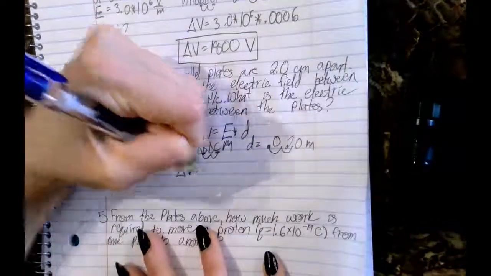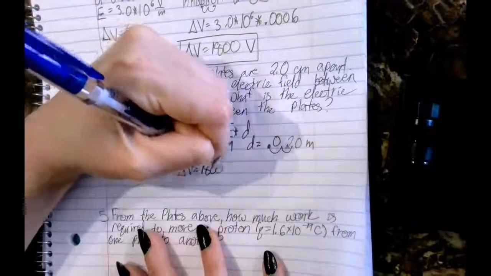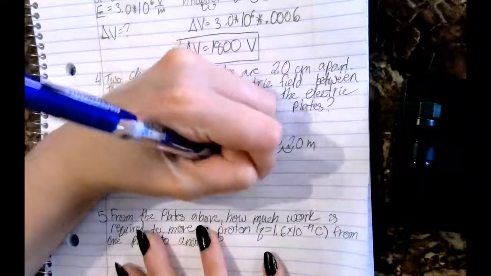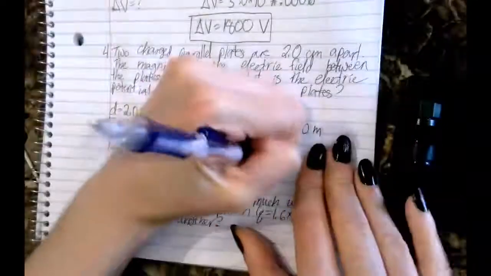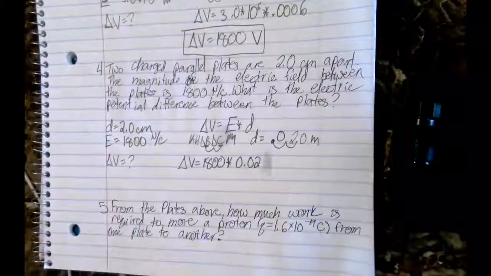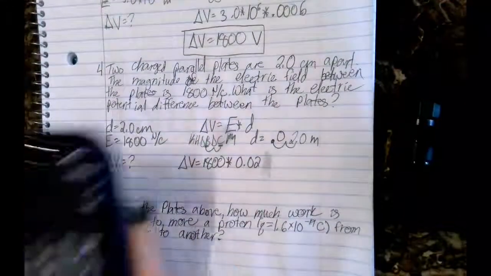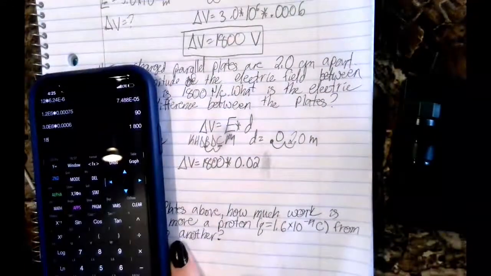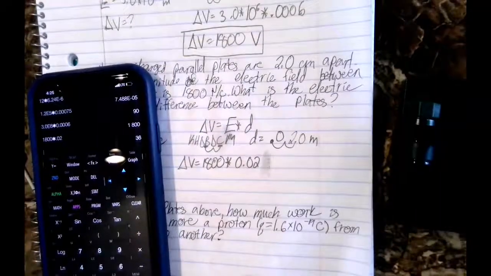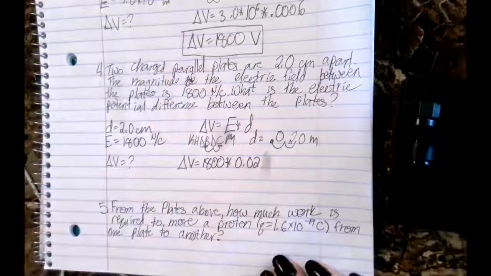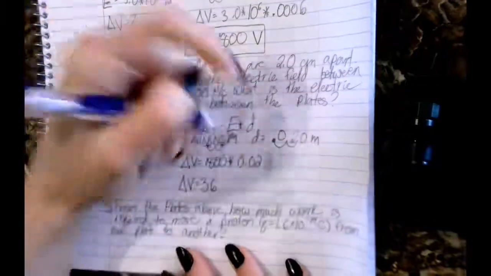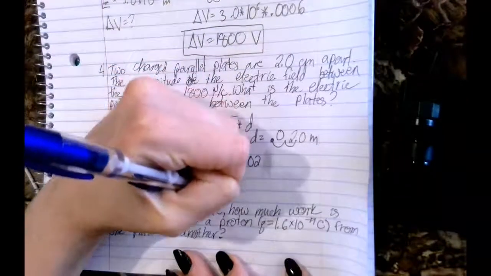Delta V equals 1800 times 0.02. Using our lovely calculator, 1800 times 0.02 is 36. And the units on that, again, are going to be volts.